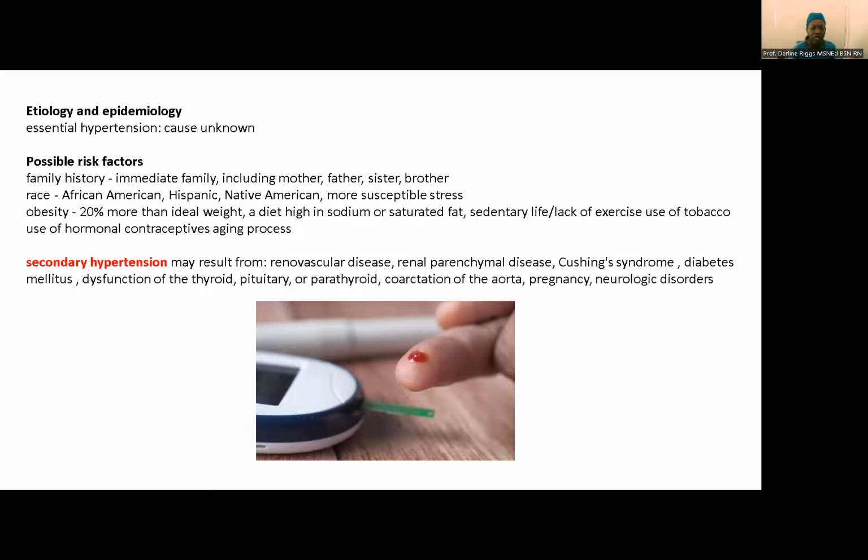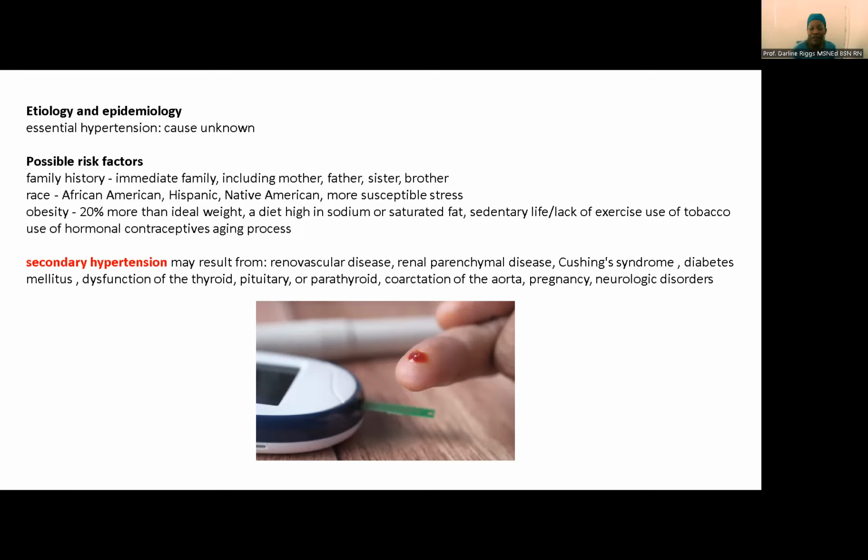Obesity, we've talked about when we did coronary artery disease. 20% more than ideal weight puts you at risk. Diet that's high in salt, processed food, right? Canned, smoked. That's how it's preserved, with the salt. So they're very high in salt.